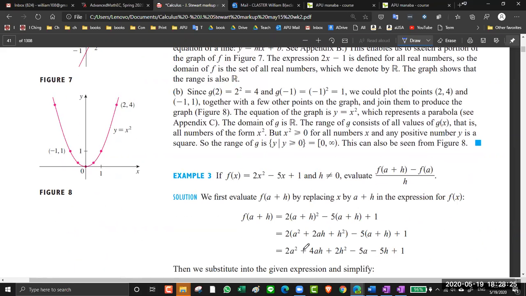Okay, let's try something else. Let's look at example 3. Suppose we have this function defined like that. And suppose we have some h, which is just some number, some constant.